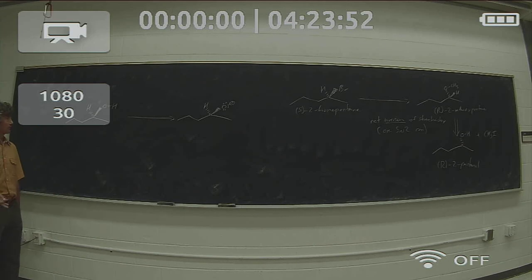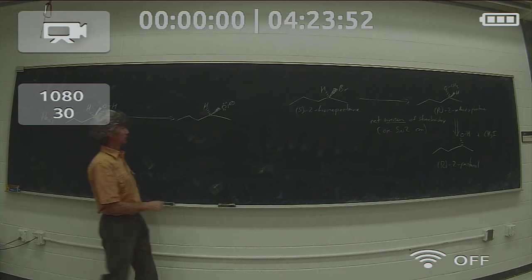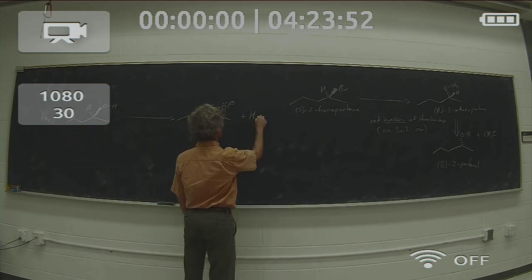One way is simply to add sodium metal. Sodium metal, an alkali metal, gives up electrons very readily, and it will spontaneously give up electrons to the system to form H2 gas.